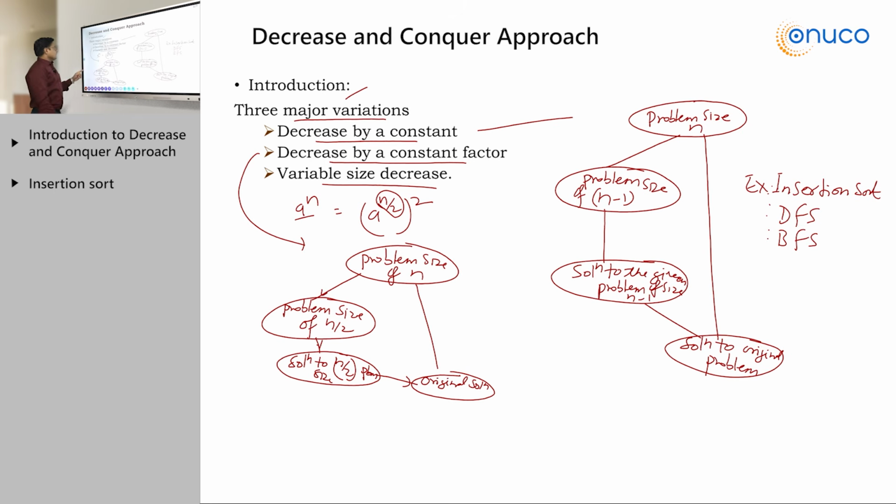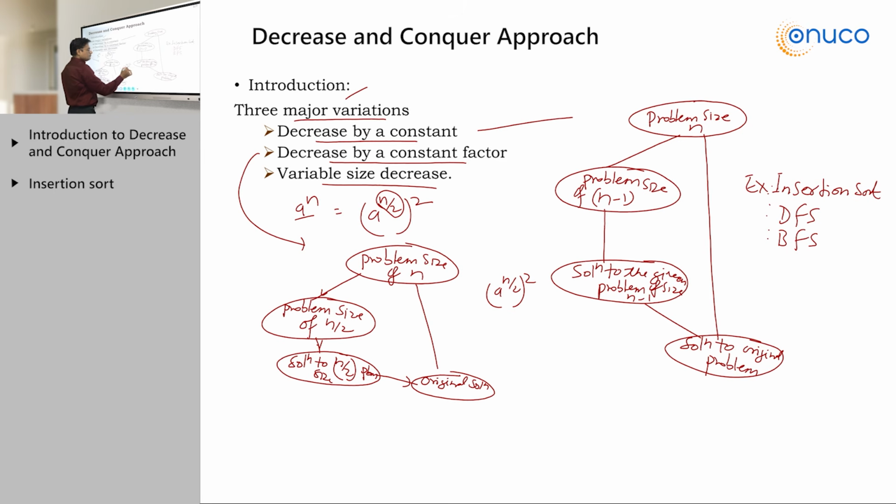An example is any exponential function, say a to the power n. Next time it will be a to the power n by 2, next it will be a to the power n by 4, right? And to adjust that, we can have a multiplicative factor. If n is an even number, there is no problem, we can write a to the power n by 2 whole square.